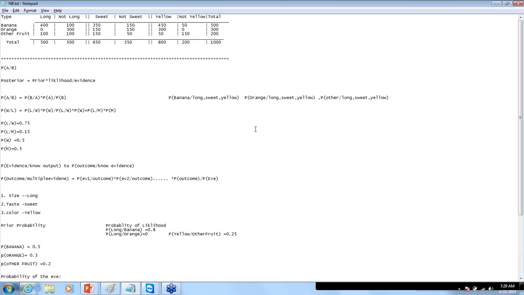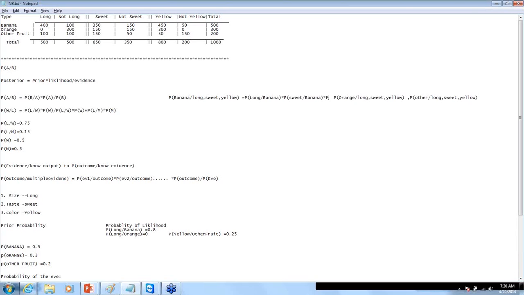So what would be the formula if we are saying it's a banana? This is a sort of multiple evidence thing. We have evidence 1 given the outcome. We are considering this is a banana, and we know it is long given that it is a banana. Multiply by the probability of the other evidence, that it's sweet, given it's a banana.